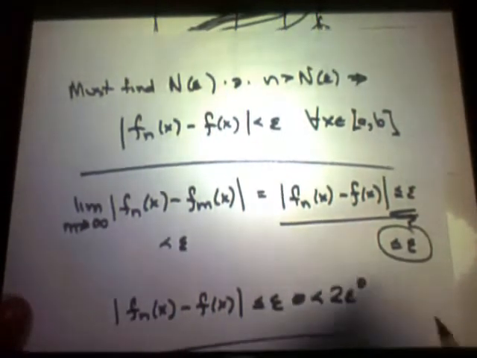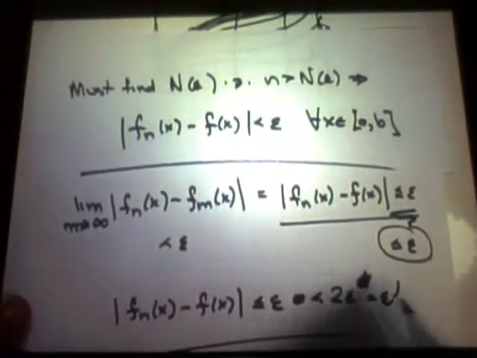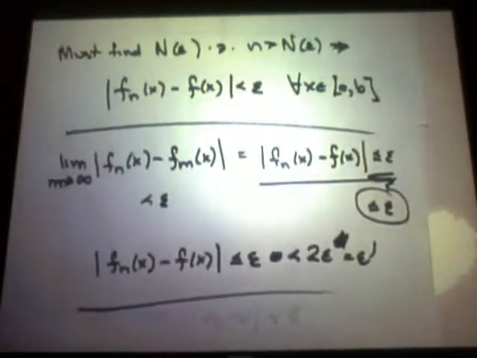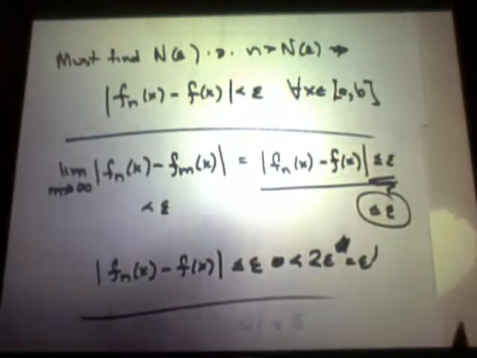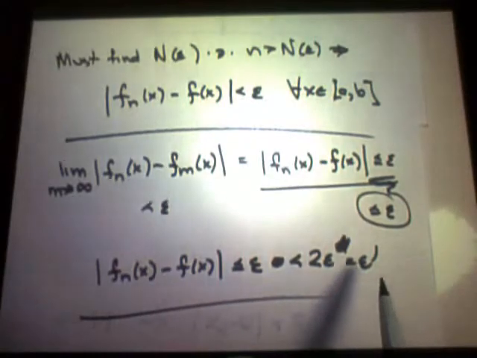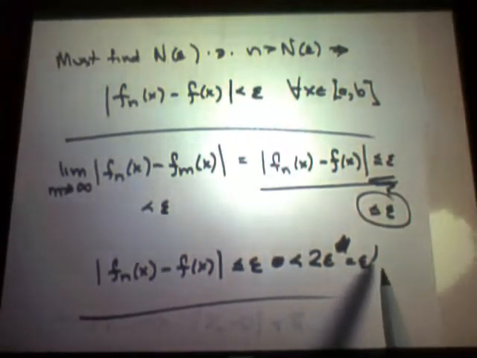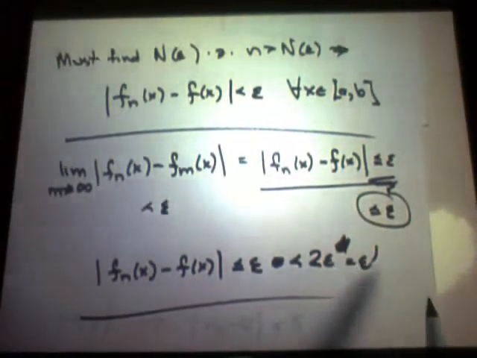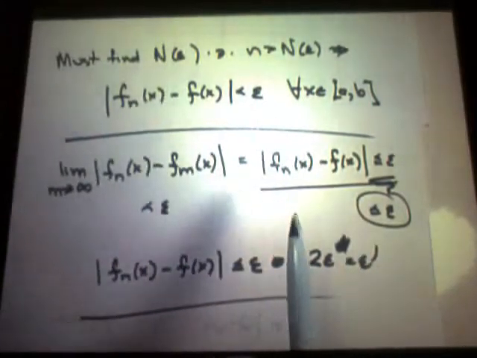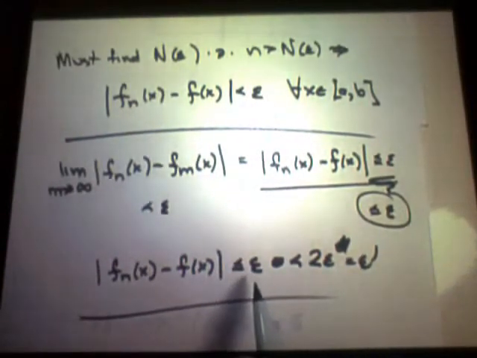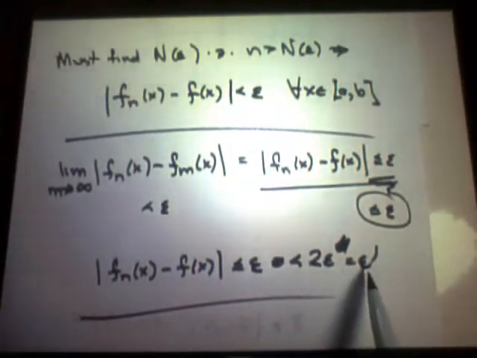That always seems rather specious to me, but what I can do is go back and let epsilon prime be twice the epsilon I'm using. And when I get to the end here and have the less than or equal to epsilon, well, that's strictly less than epsilon prime. Okay?